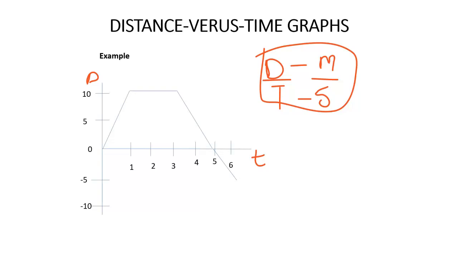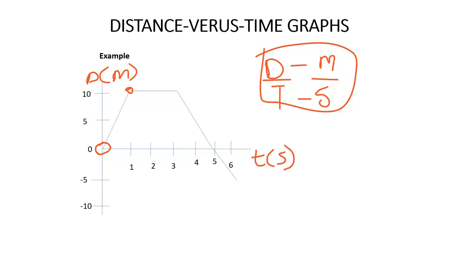In looking at this graph, we see the position where the object started from the origin, which we mentioned earlier, which is 0. And from the origin, it displaces itself to 10 meters in 1 second. Because this time is in seconds and this distance is in meters.